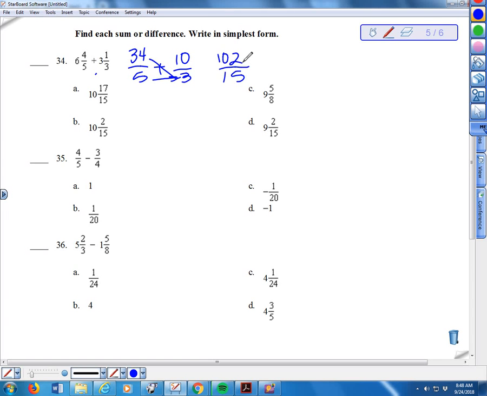And 5 times 10 is 50. So this becomes 152 over 15. And they want the answer as a mixed number. So I have to figure out how many times 15 goes into 152. How many times does it go into 150? 10. And that's as close as I'm going to get to 152.